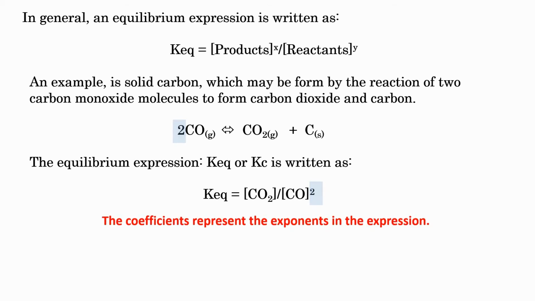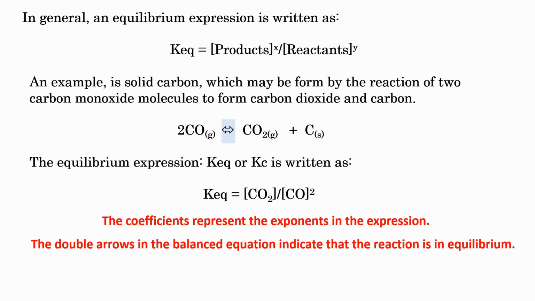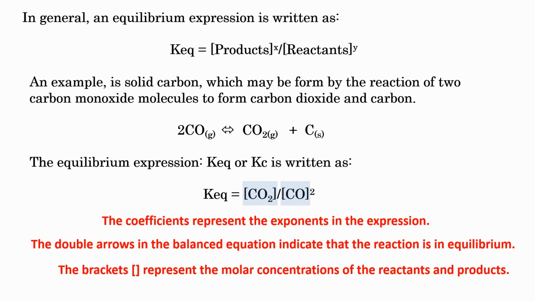The coefficients represent the exponent in the expression. The double arrows in the balanced equation indicate that the reaction is in equilibrium. The brackets represent the molar concentrations of the reactants and the products.